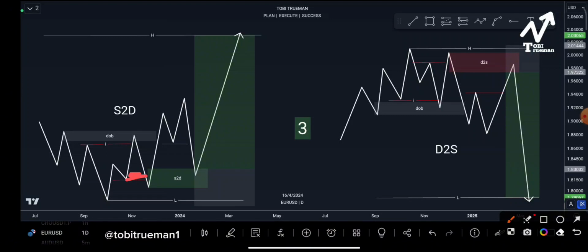Remember we are trying to study price reacting from the additional order block. So when price has already reacted from the additional order block, price came down, took out this internal structure low, then price gave us this type of entry.